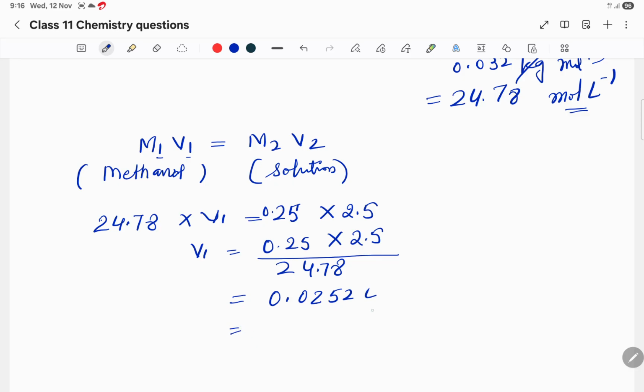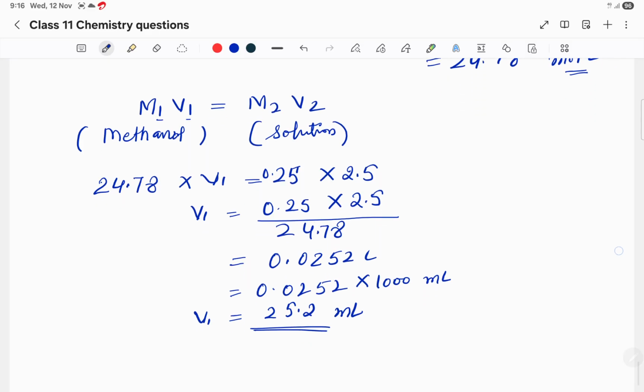So can we convert it into milliliters? We can. What we have to do, we have to take this value and multiply it with 1000. This is going to convert it into milliliters. So that is going to be 25.2 milliliters. So volume of methanol is going to be 25.2 milliliters.